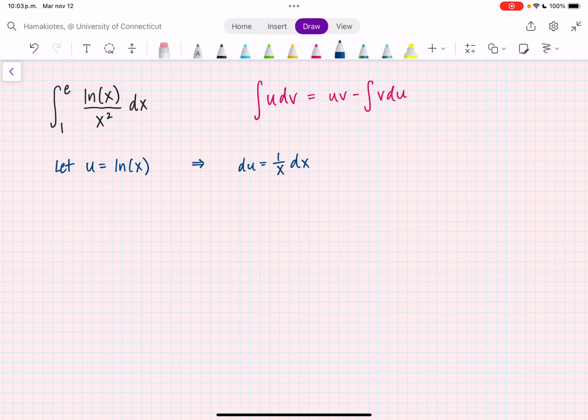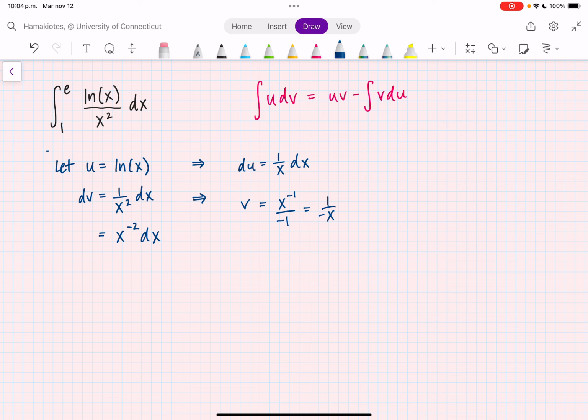Now if u is ln of x, then dv must be 1 over x squared dx, which we can also write as x to the minus 2 dx, just because that might make it easier to take the antiderivative. So now we take the antiderivative of dv, which is v, and this is x to the minus 1 over minus 1, or in other words, this is just minus 1 over x.